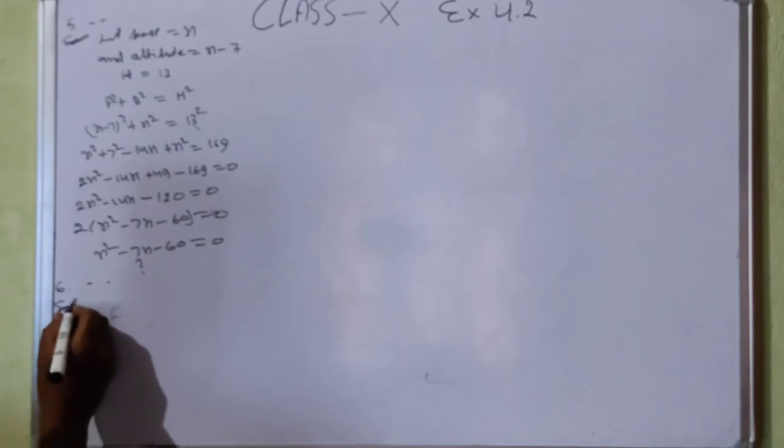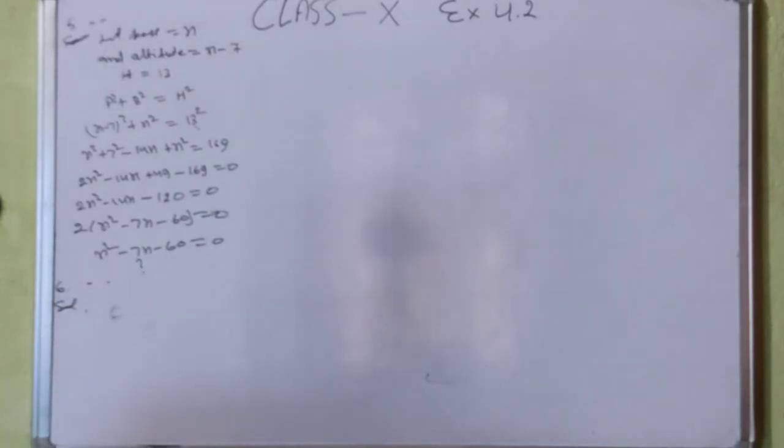Sixth question. A cottage industry produces a certain number of pottery articles in a day. It was observed on a particular day that the cost of production of each article in rupees was 3 more than twice the number of articles produced on the day.